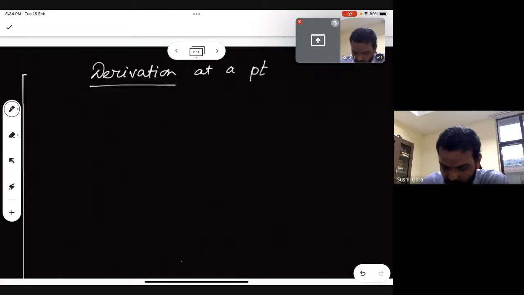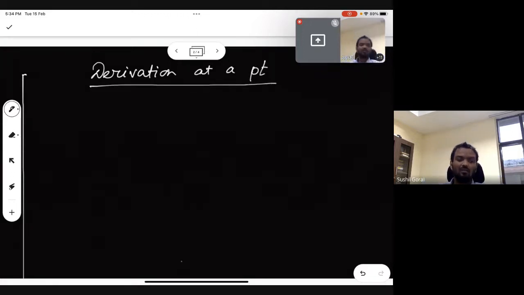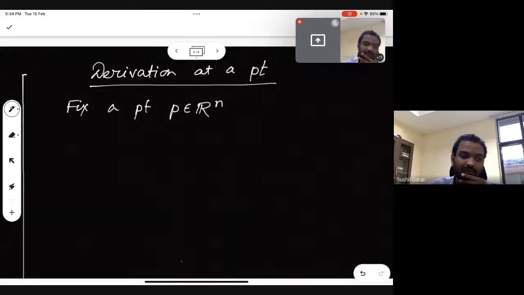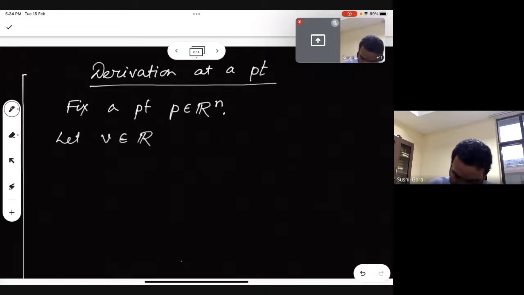So what is the derivation at a point? Fix a point P in R^n. Omega is not necessary at this point. Now let v be a vector in R^n.